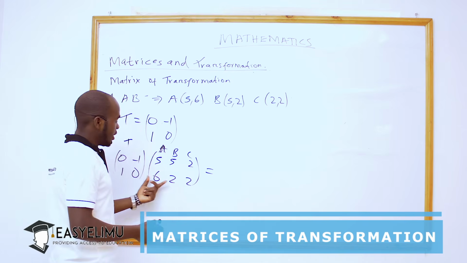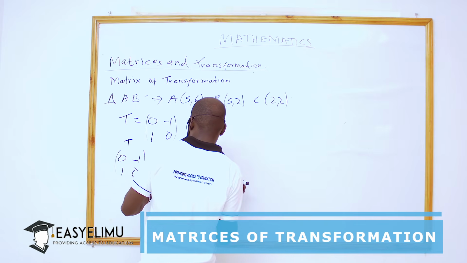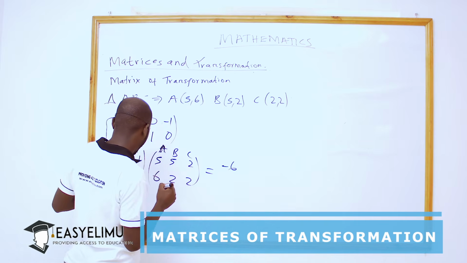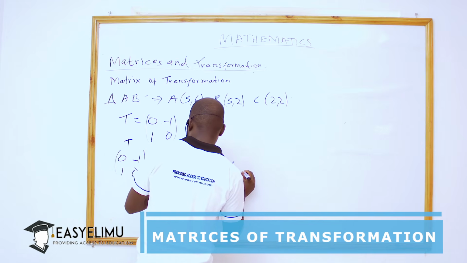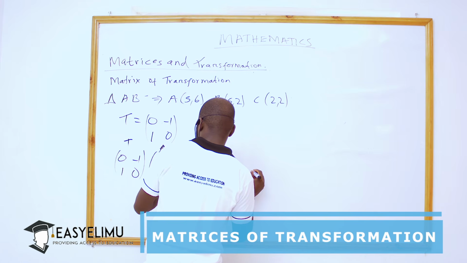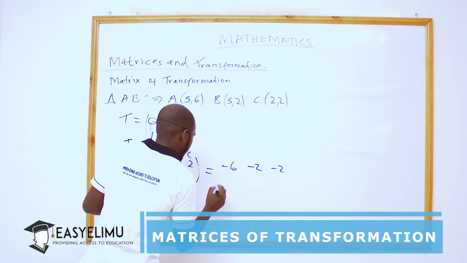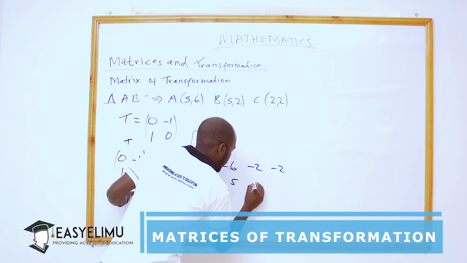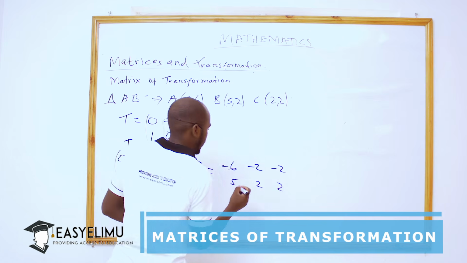When you pre-multiply it with this, you get the images as -6, -2, -2, and this one is 5, 2, 2, 5.